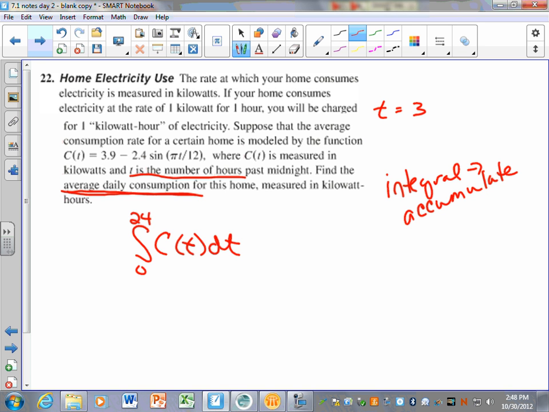So it's a much faster way than actually saying how much was used at midnight, how much was used at 1 and 2 and 3 and 4. I can just integrate that and I can add all those up. And the great thing is, I'm not even writing that equation. I'm going to use my calculator, right? My best friend.